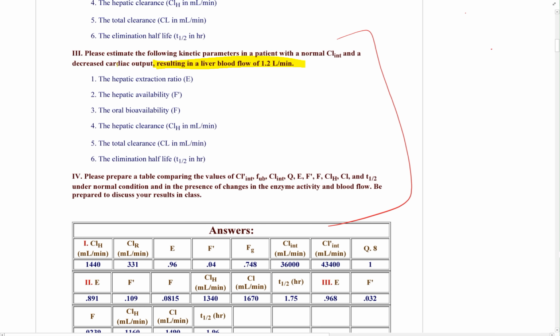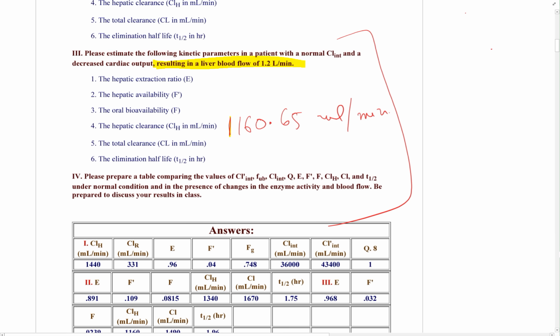If you compare with all this data, for example our hepatic clearance in this case was 1160.65 milliliter per minute.